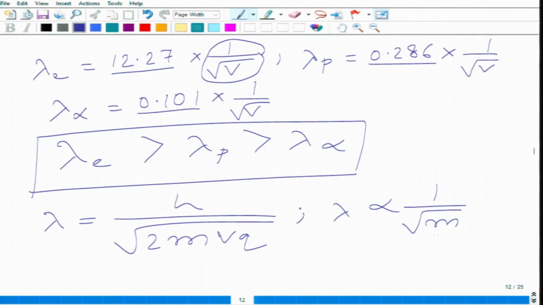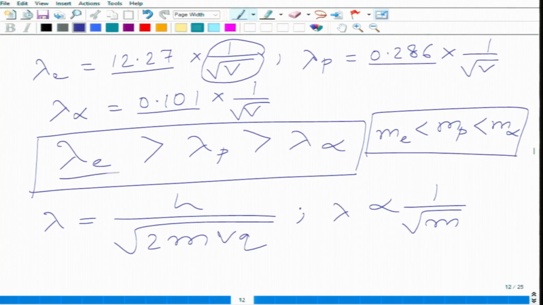Therefore, the higher the mass of the particle, the lower will be its wavelength. We know that the mass of electron is very less than the mass of proton, which is in turn less than the mass of alpha particle. So, the order of wavelength is also matching this order of dimensions.